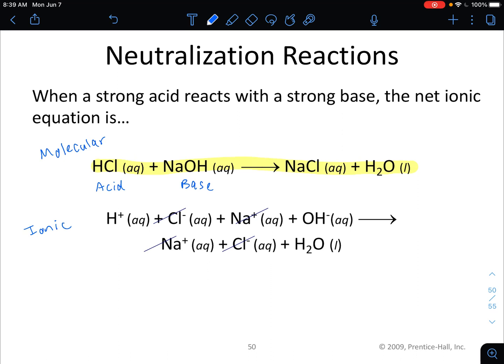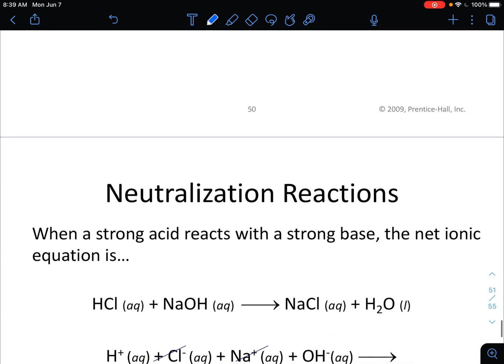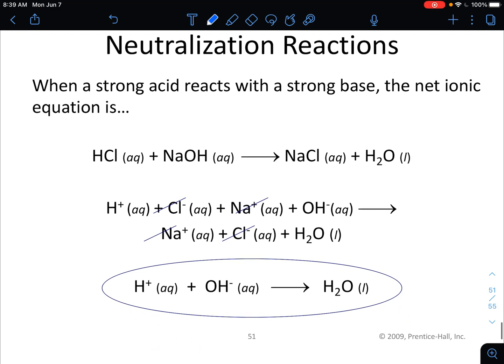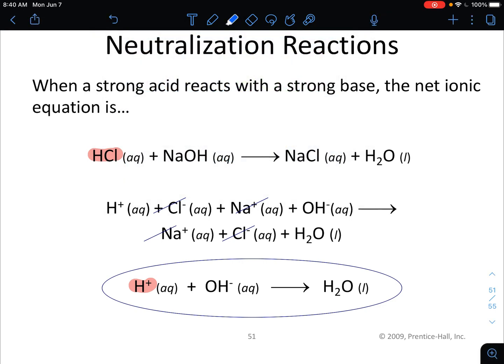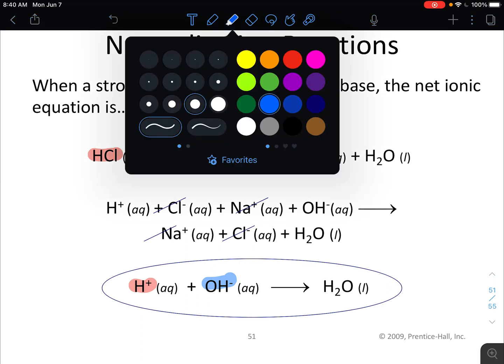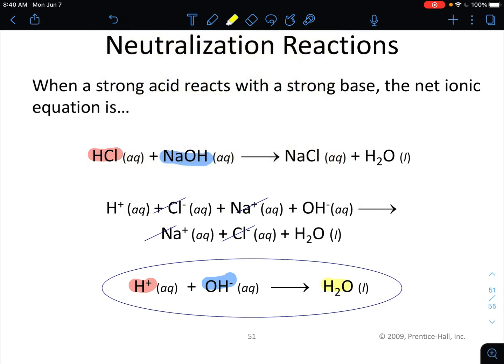And then if you remember, that gets us to our net ionic equation, where we can talk about the most important aspect of our acid-base reaction, which is simply H plus being generated from the acid reacting with hydroxide generated from sodium hydroxide, and ultimately they react together to form water.